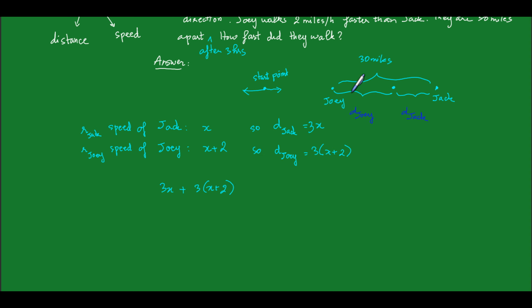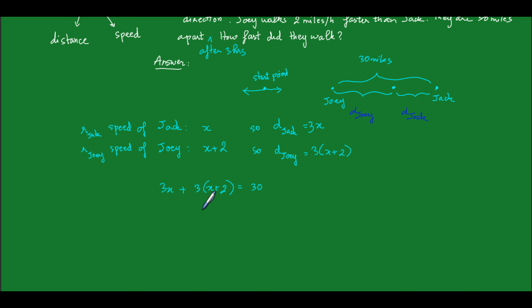Then add all of them together, it gives you 30. See, I just successfully set up an equation containing the variable x, and variable x represents the speed of the object.